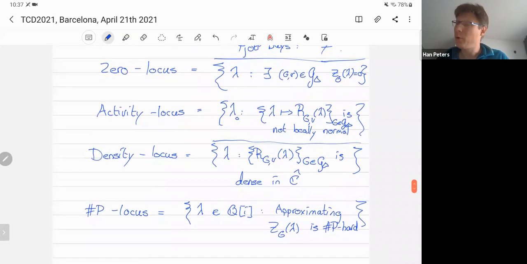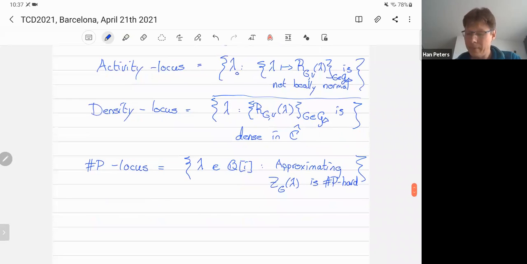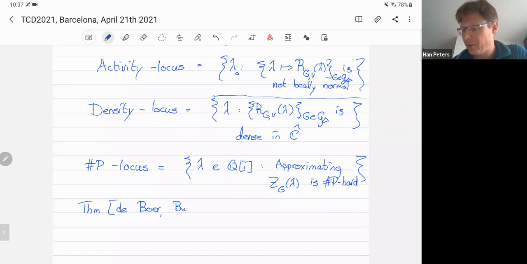Okay, so I have 4 different loci, and we have a theorem with 2 PhD students in Amsterdam, De Boer and Buys, and Rechts, my colleague, and myself.